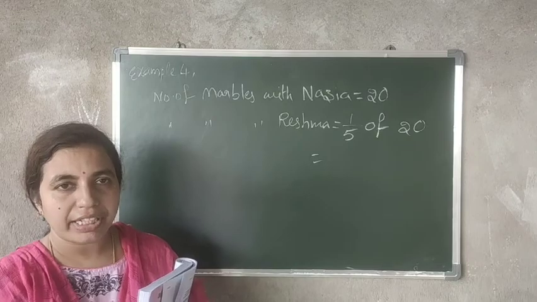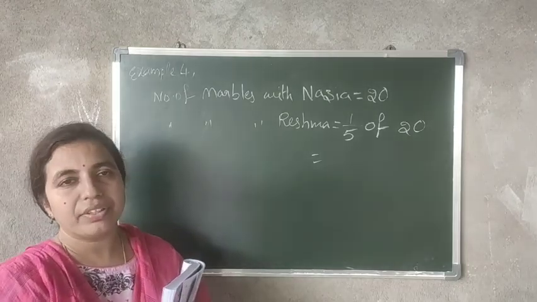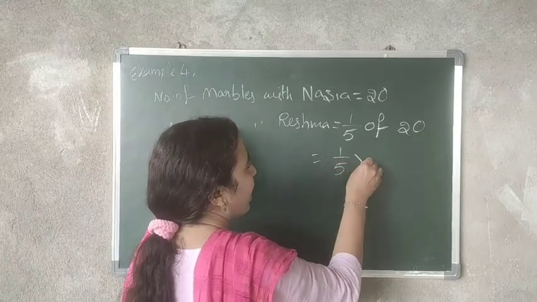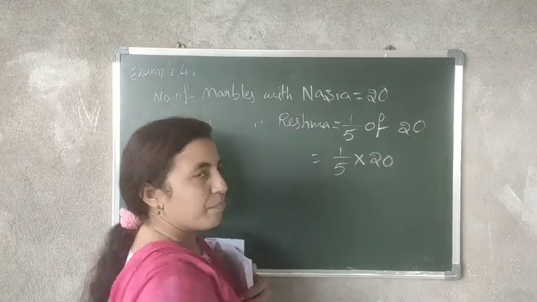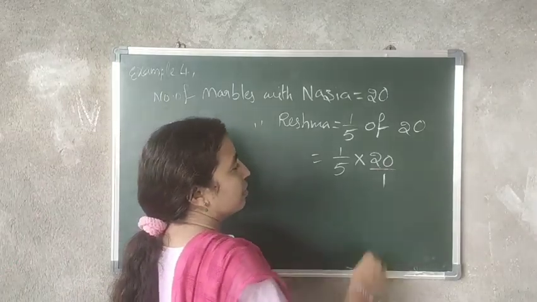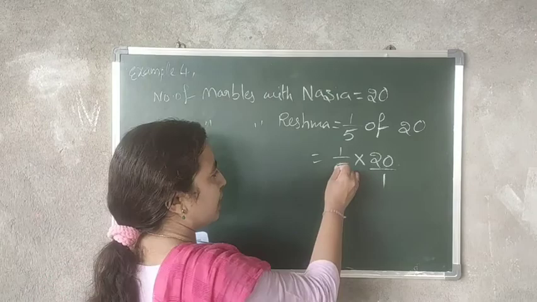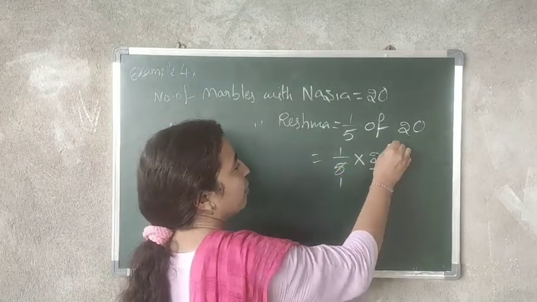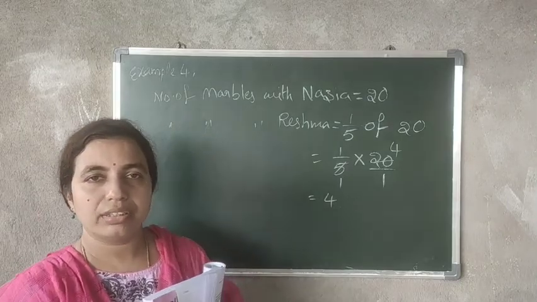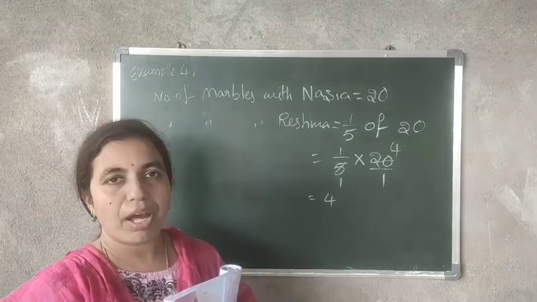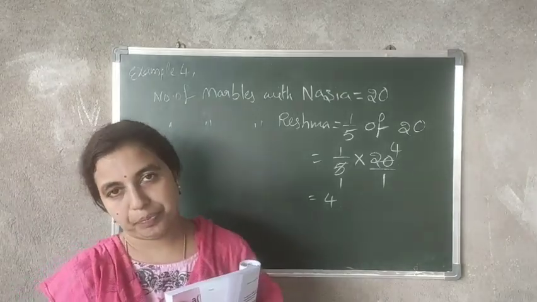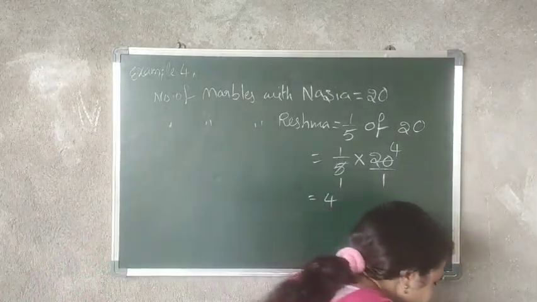Whenever you get 'of', 1 by 5 of 20 means nothing but 1 by 5 into 20. So here, 20 by 1 you can write. Now see, common factor: 5 ones are 5, 5 fours are 20. So 4 by 1 means no need to write the denominator. Simply you can write it as 4. So how many marbles did Reshma have? 4 marbles. Okay, easy one, no?